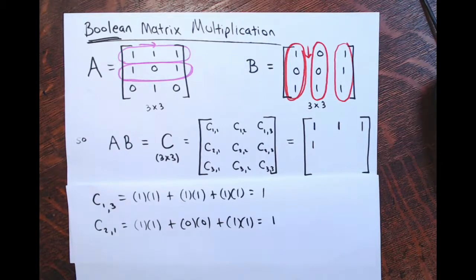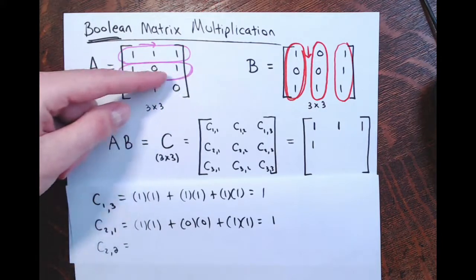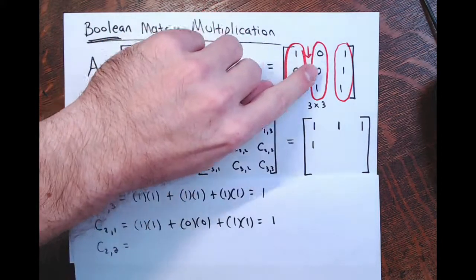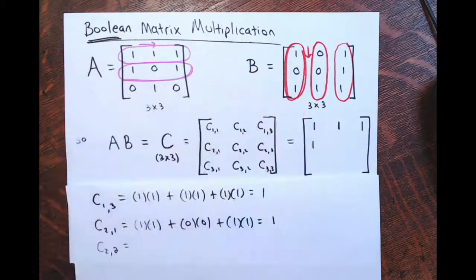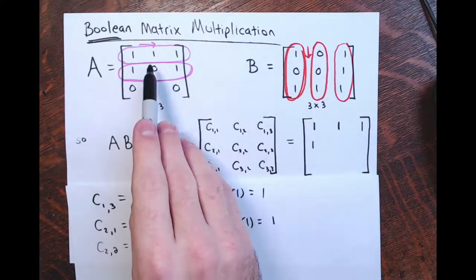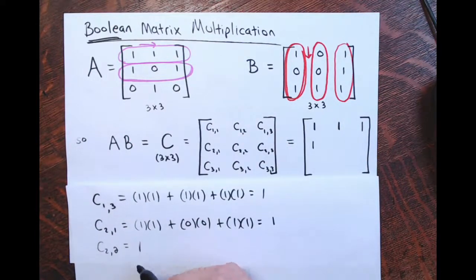All right. Then for the second row, second column, take the second row of the left matrix, 1, 0, 1, and do the dot product with the second column of the right matrix, 0, 0, 1. Now 1 times 0 is 0, 0 times 0 is 0, 1 times 1 is 1, so 0 plus 0 plus 1 is 1 again.